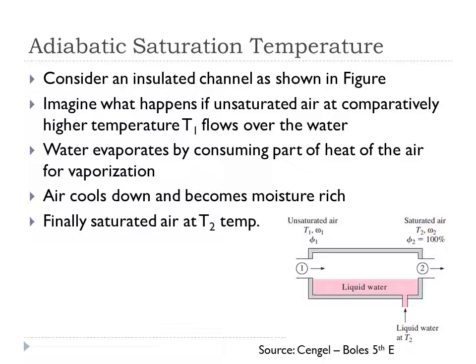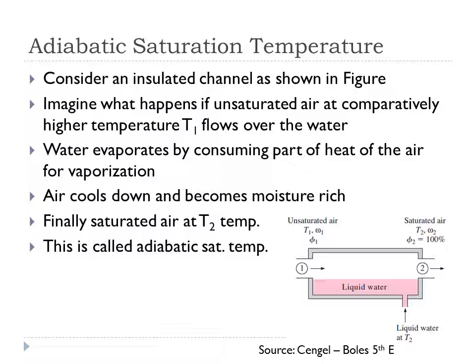So the temperature T2 is lesser than the temperature T1, and since it is saturated air, its relative humidity has become 100%. Now when it comes out at T2 temperature, this T2 temperature is what we call adiabatic saturation temperature.